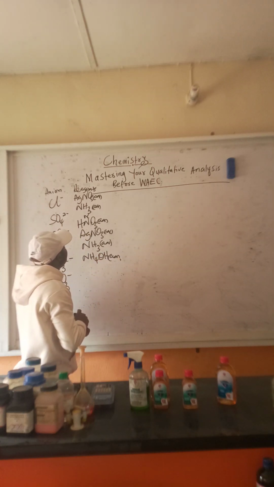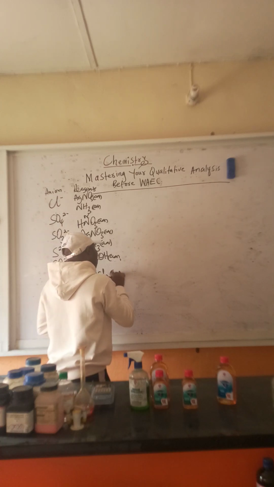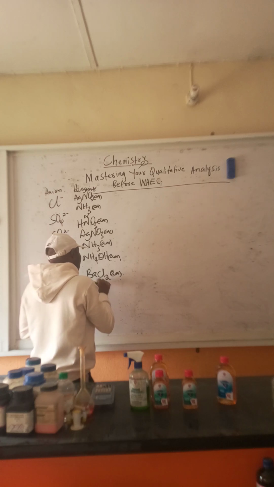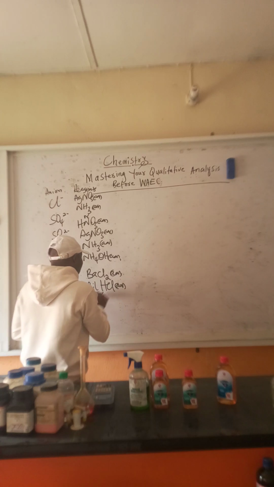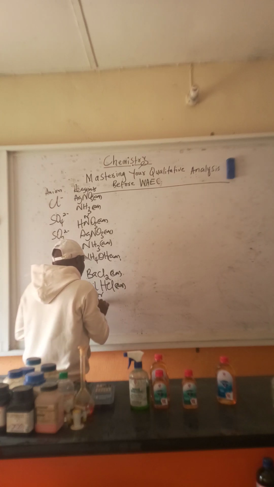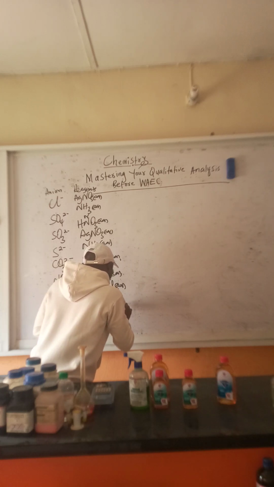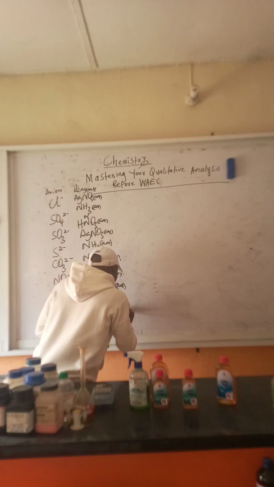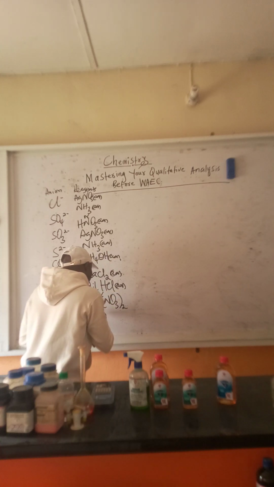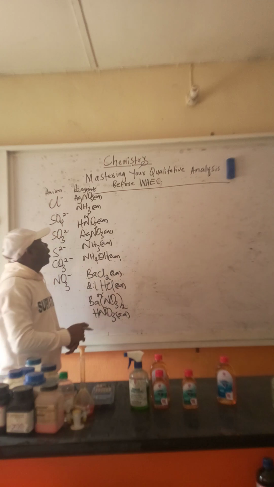We also mentioned you can use barium chloride solution, which goes together with dilute HCl solution, or you can also use barium trioxonitrate(V) together with the mixture of HNO3 solution.